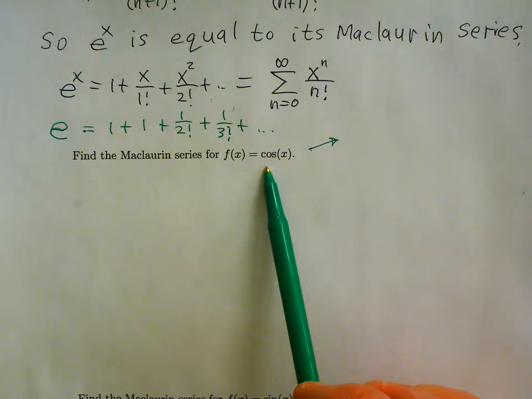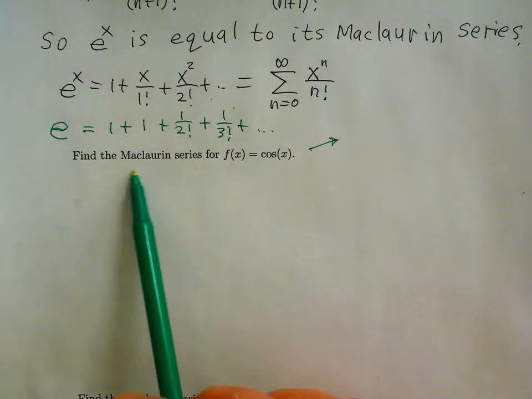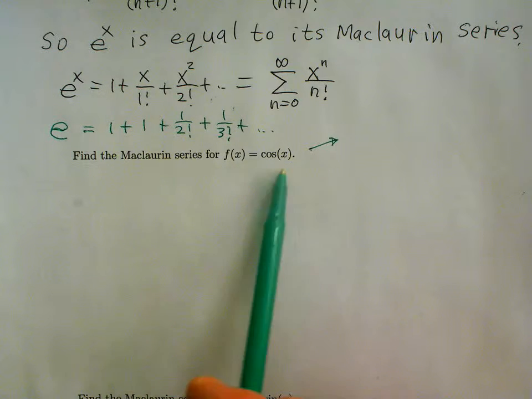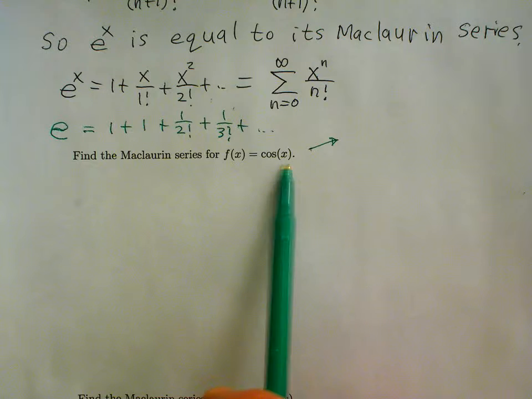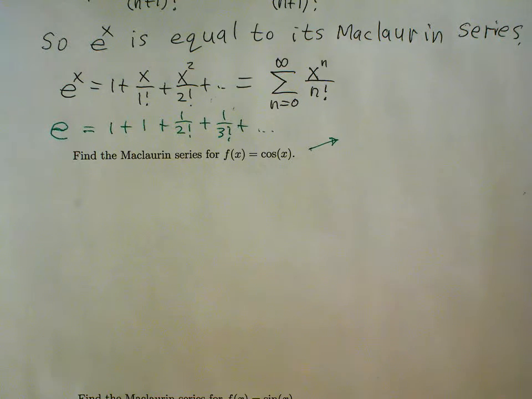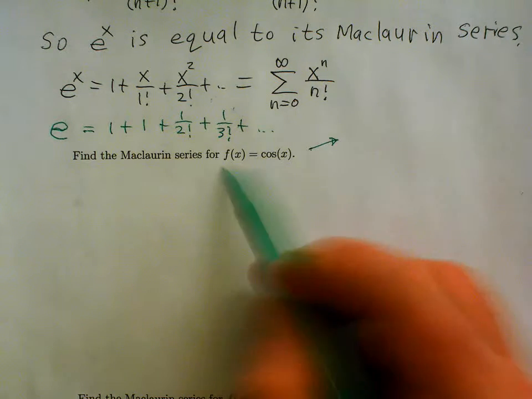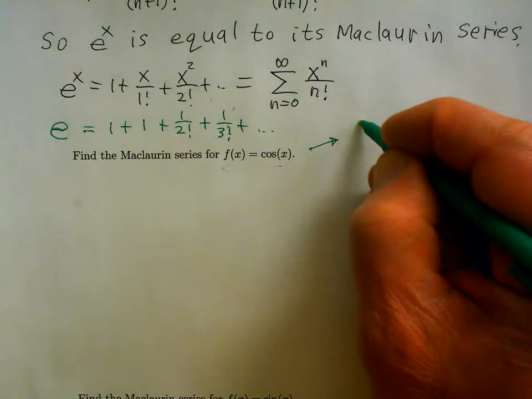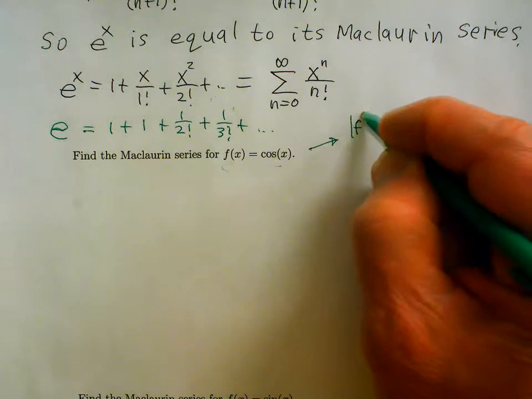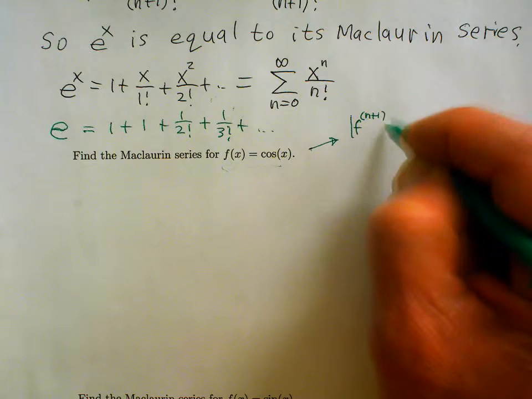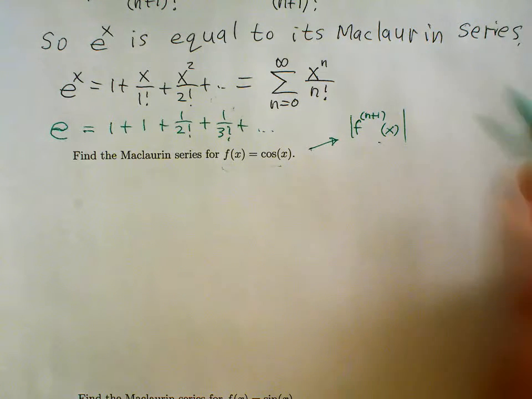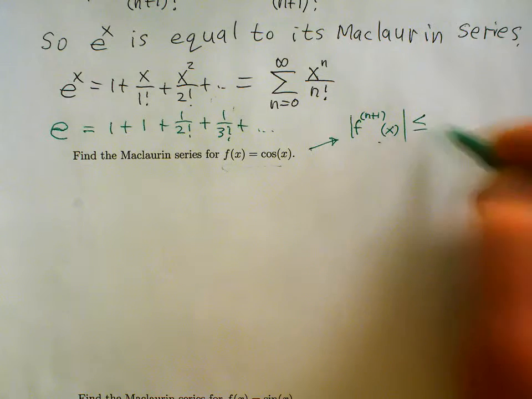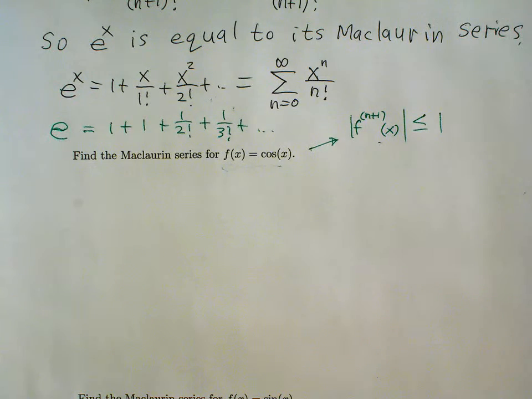The Maclaurin series for cosine of x will be equal to cosine of x, because if f of x is cosine of x, then the absolute value of the n plus first derivative is always less than or equal to 1.